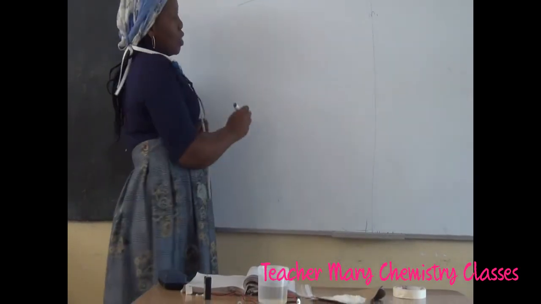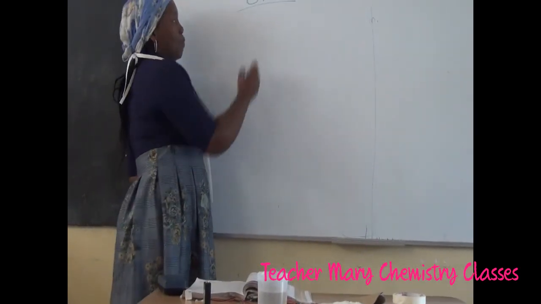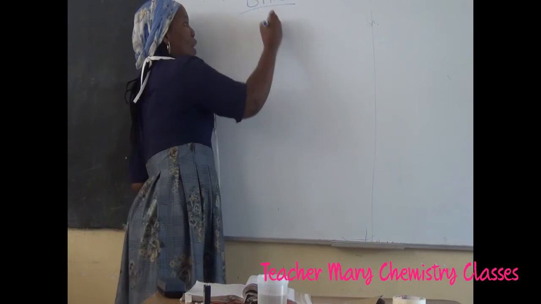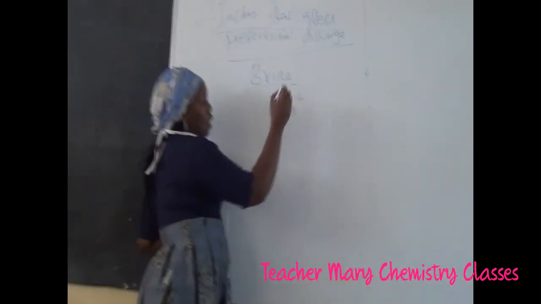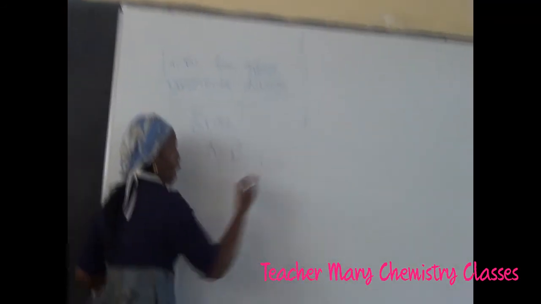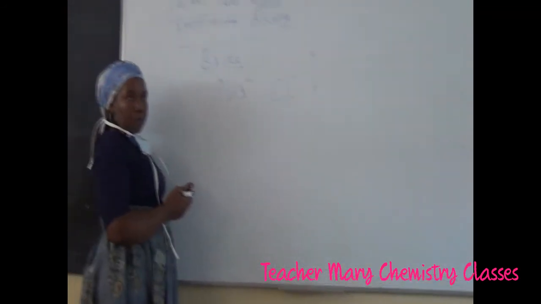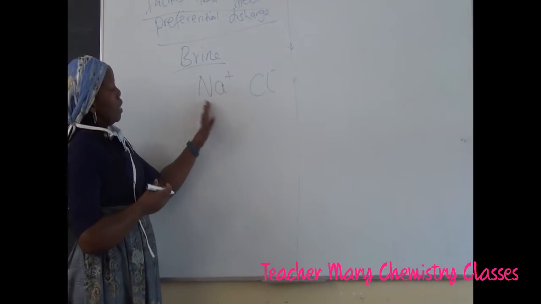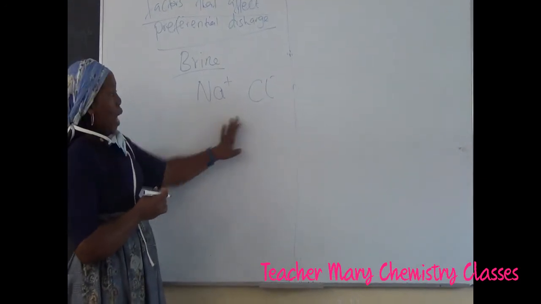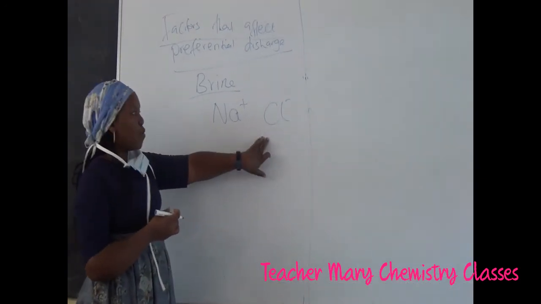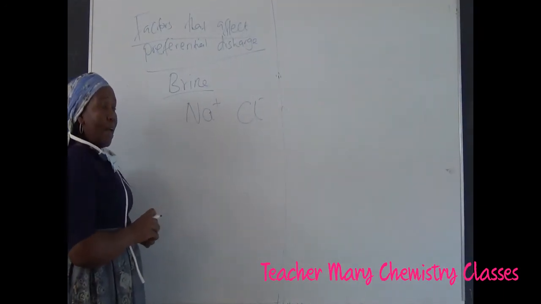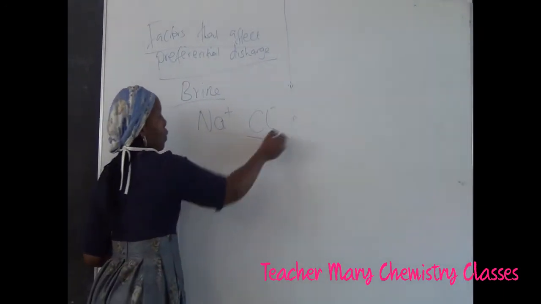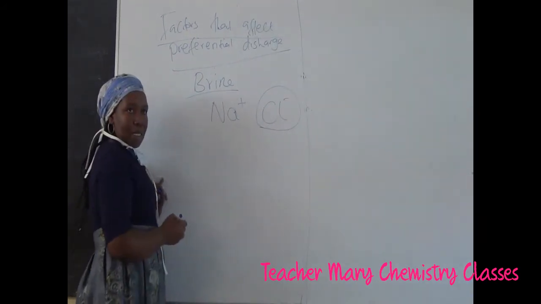So when we make it concentrated, we are increasing the number of sodium ions and also the number of chloride ions in that solution. We will discover that at the anode, chloride ions will be discharged.